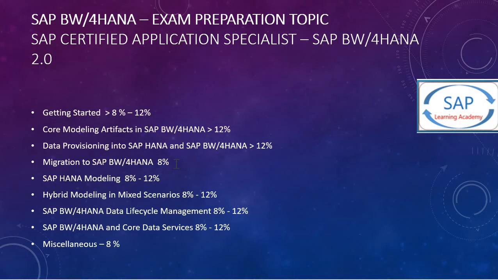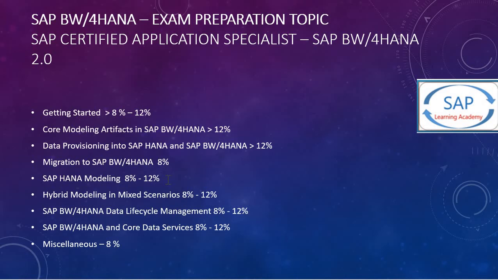Now coming into the data modeling. Here you have to know the native data modeling, which can be based on calculation views, or calculation views with star join, with projection, with cube-like, or even SQL script based.